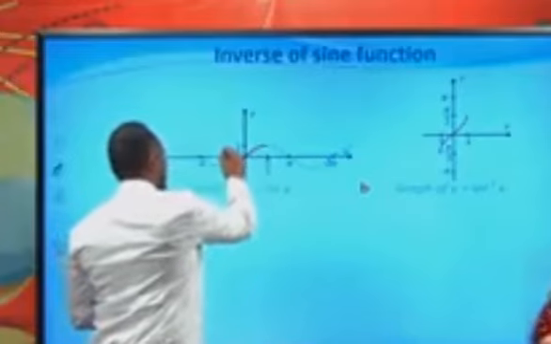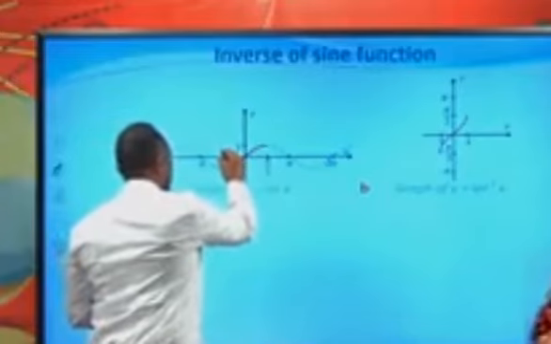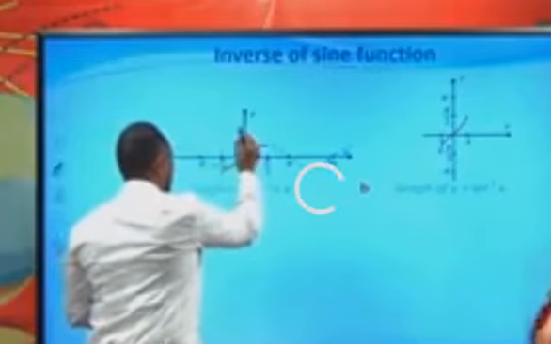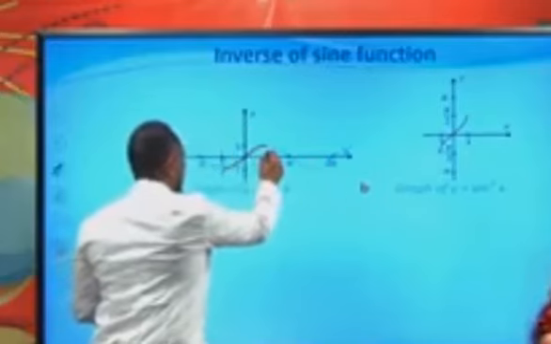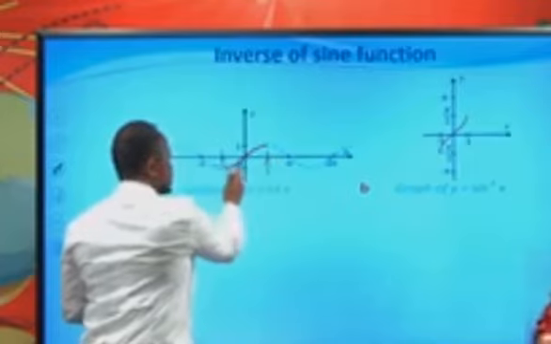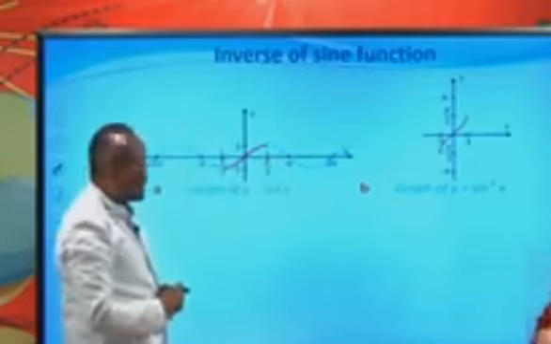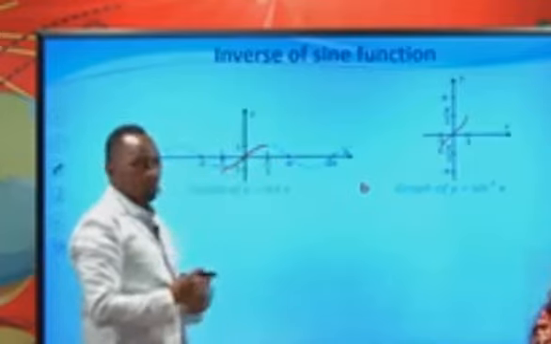If you restrict the graph of the sine function from negative pi over 2 up to pi over 2, it will be 1 to 1. And for its inverse, I hope you know how to determine an inverse.